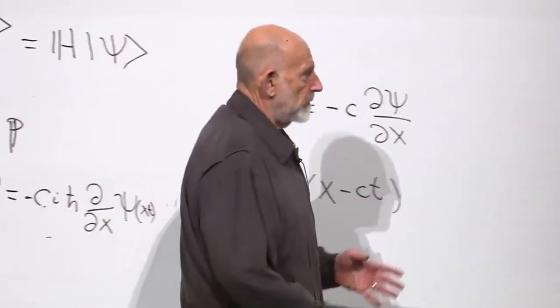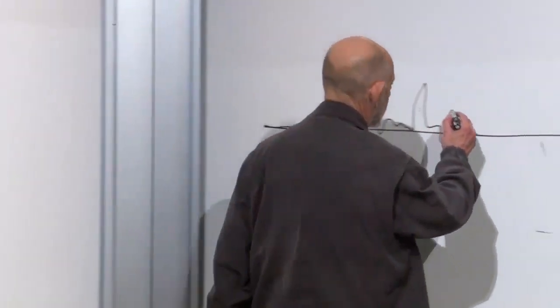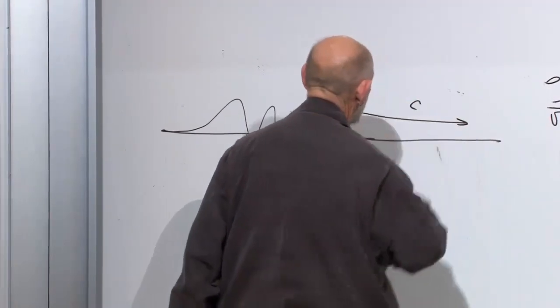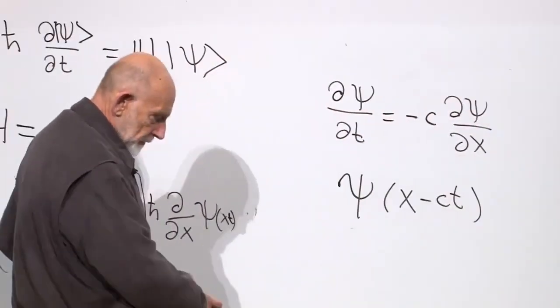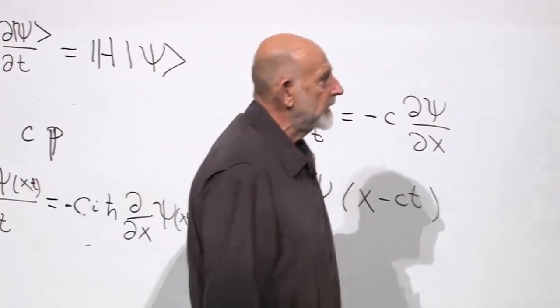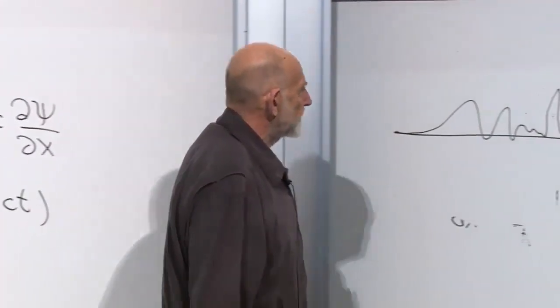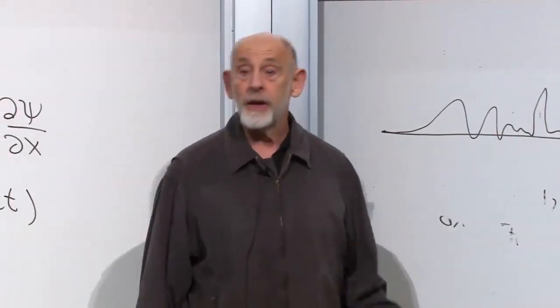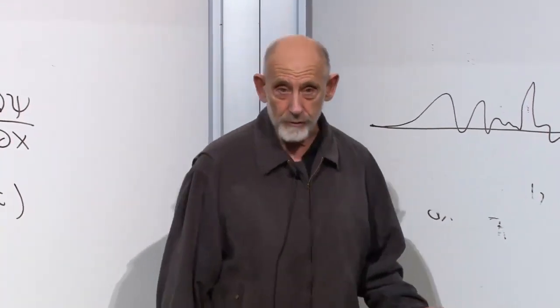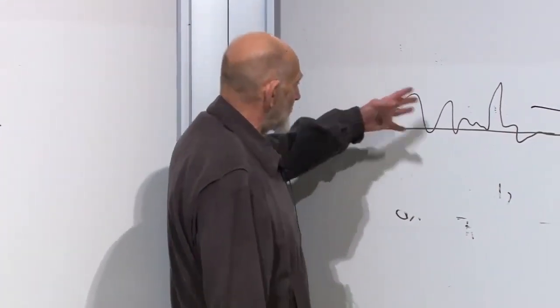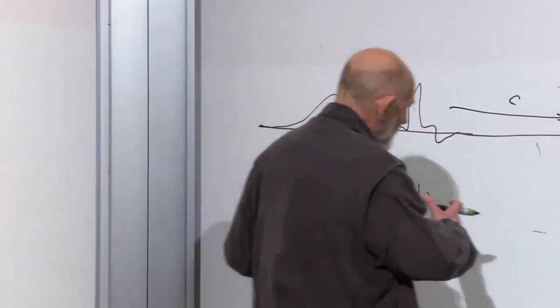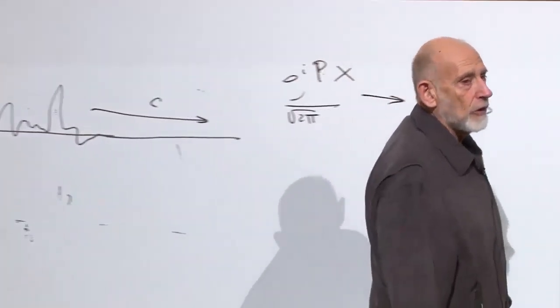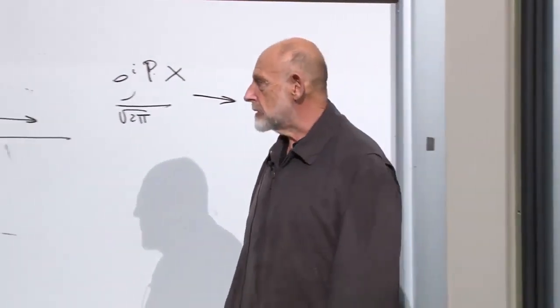The features of it move to the right with uniform velocity c. That's what this function is. It's just a function which just moves rigidly without changing its shape. And of course, it's a complex function, so it has a real part and an imaginary part, but both of them maintain exactly the same shape, and they just slide down the axis uniformly with a velocity c.